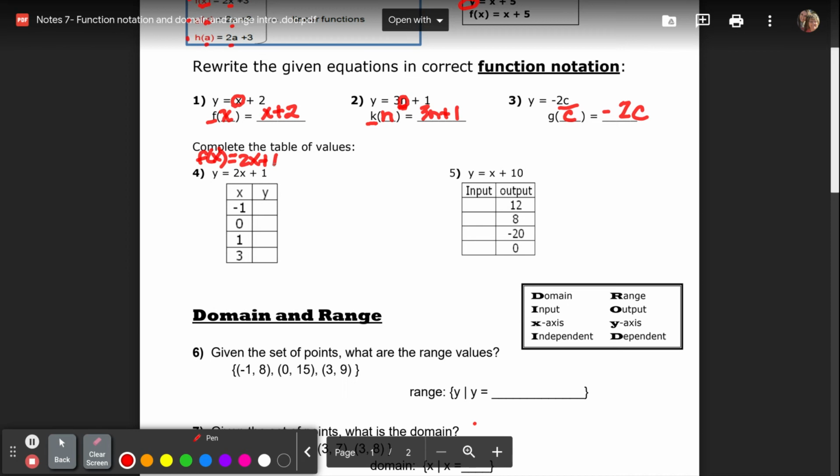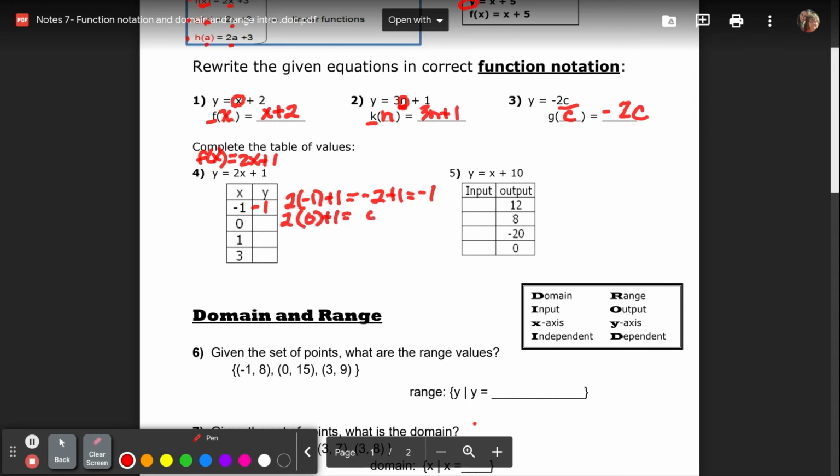What we're going to do is plug in negative 1 in place of x. So it's going to look like 2 times negative 1 plus 1. That's negative 2 plus 1, which is negative 1. And then we're going to put a 0 in place of x: 2 times 0 plus 1.